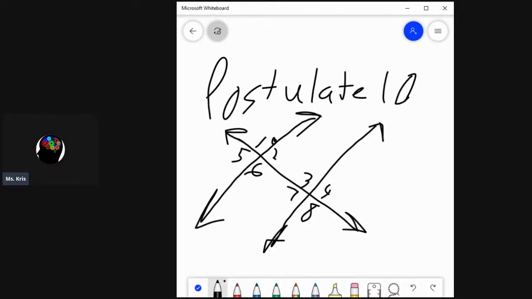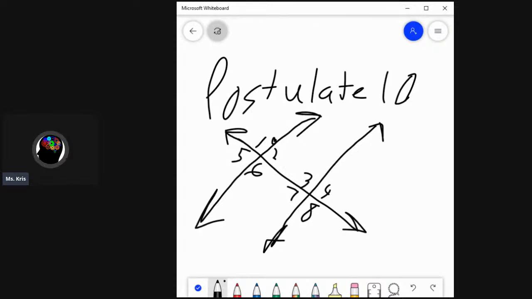So based on that, the alternate interior angles would be 3 and 6. Because if you notice, alternate means they're on opposite sides, but they still have the same measurement. So opposite side, same measurement on the inside. So 3 and 6, those are interior angles. 2 and 7, those are alternate interior angles.